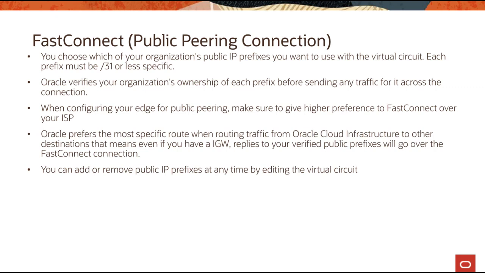You can also add or remove IP prefixes at any time by editing the virtual circuit. As we saw in the last session, when you are creating the public peering, you provide some public IP prefixes. Even after creation, you can go back and edit those public prefixes at any time.